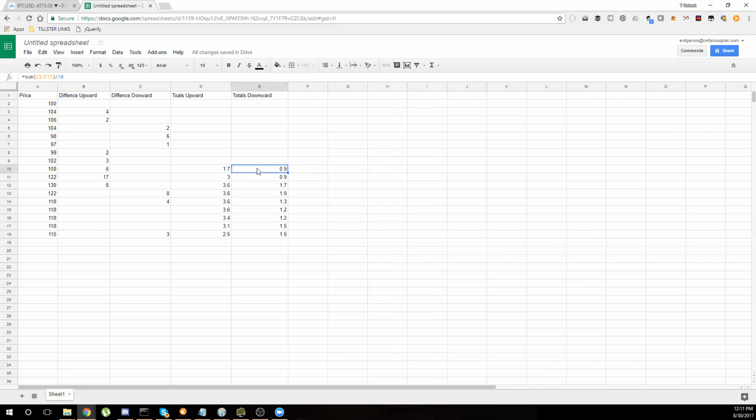Okay, and now what we have is the moving average of the difference upward and the moving average of the difference downward. So in the past time frame, we did 1.7 on average, and when you include the next time frame, we did 3 on average, and when you include the next time frame and drop out the last, we did 3.6 on average, right?